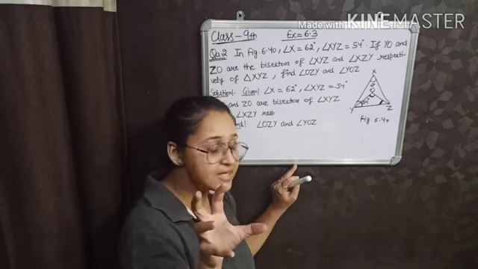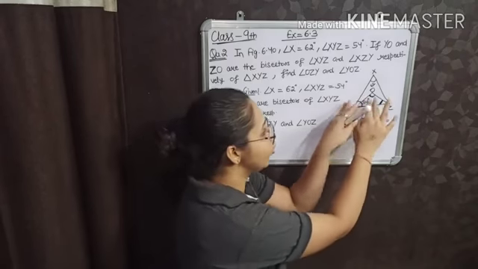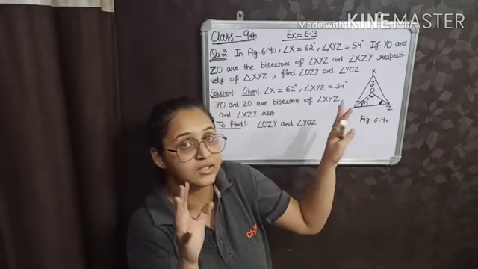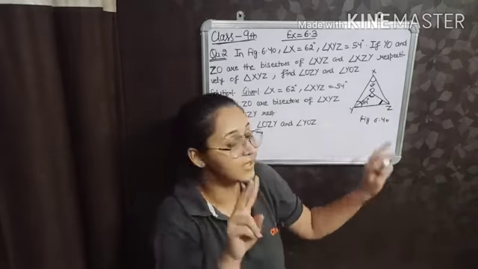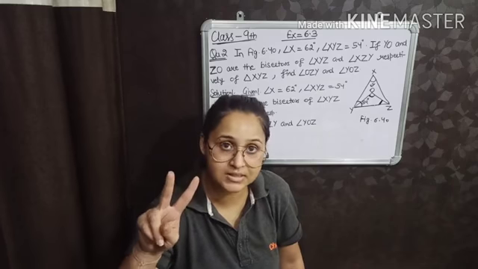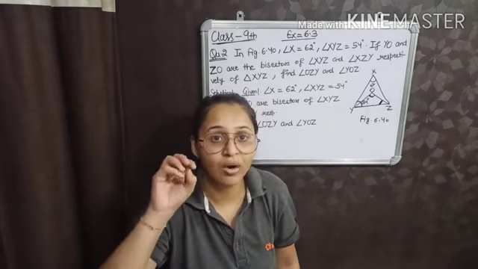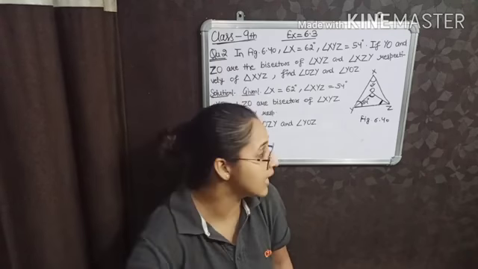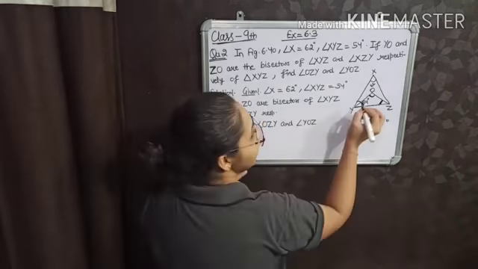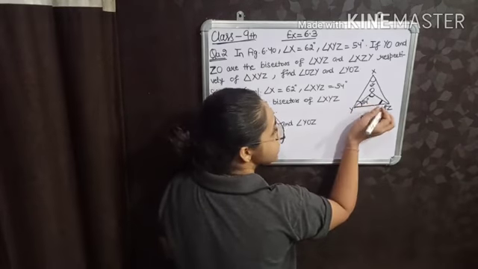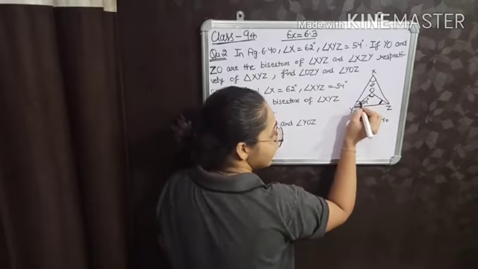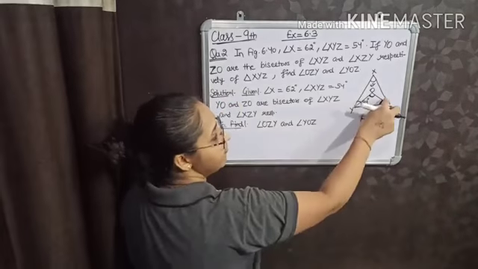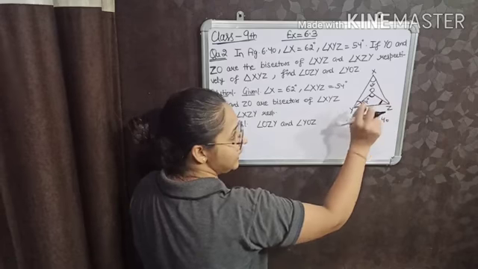It means this YO ray is cutting this angle into two equal parts. Bisecting means you are dividing the angle into two equal parts. So I can write angle OYZ, this small angle of triangle OYZ, but first I will find this complete angle.